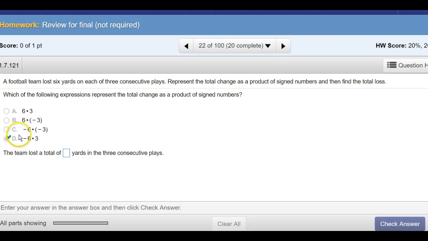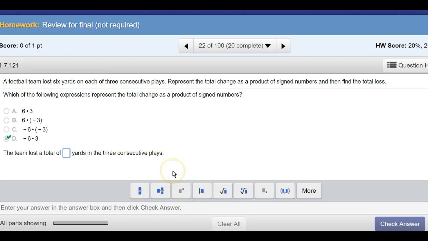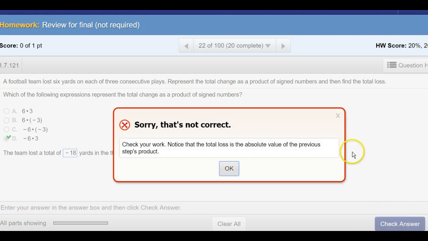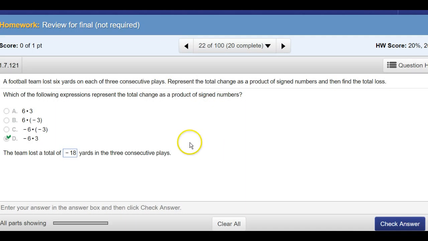Now, when you actually do the operation, this is going to be a negative 18. Ooh, maybe I didn't read it right here. So 3 times negative 6 is negative 18.